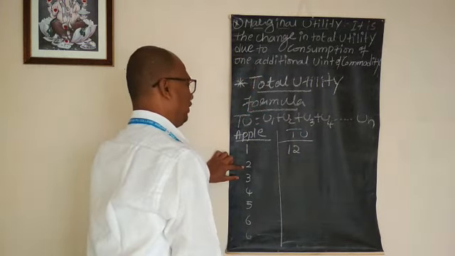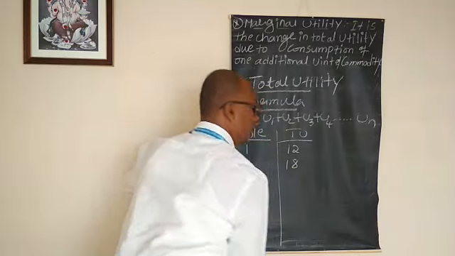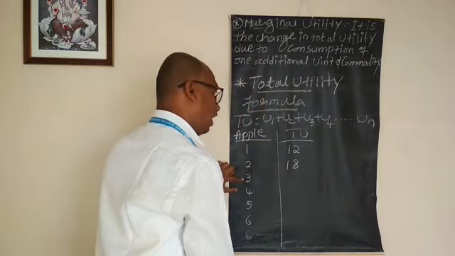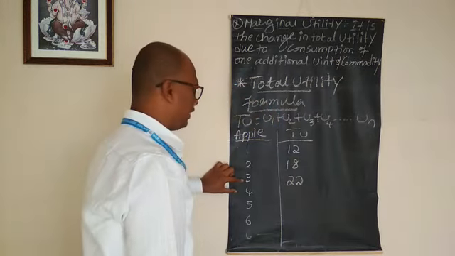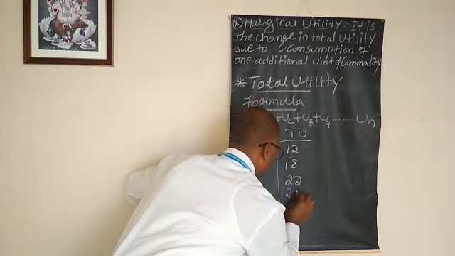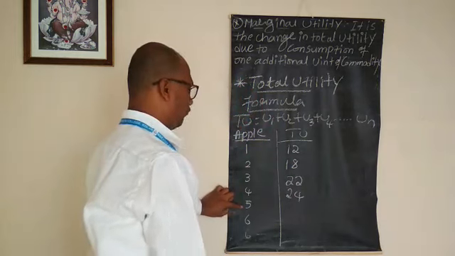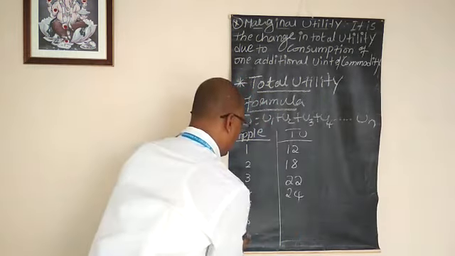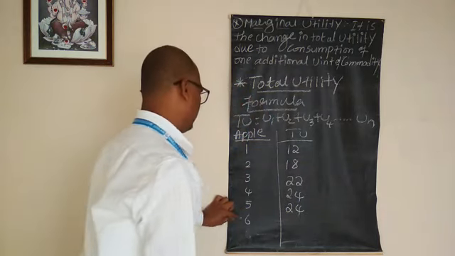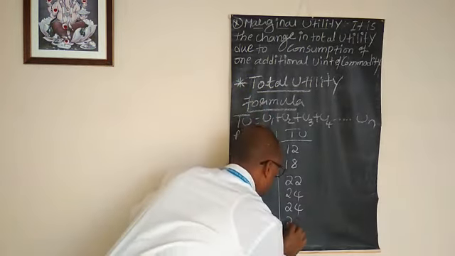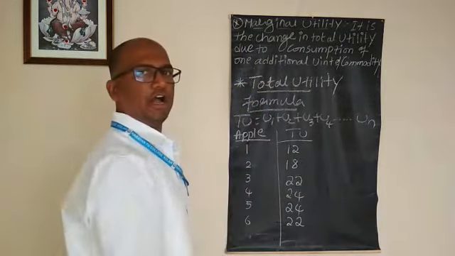By the second unit of apple, 18 units of utility. Third unit of apple, 22 units of utility. Fourth, 24 units of utility. From the fifth apple, 24 units of utility, and the sixth, 22 units of utility.